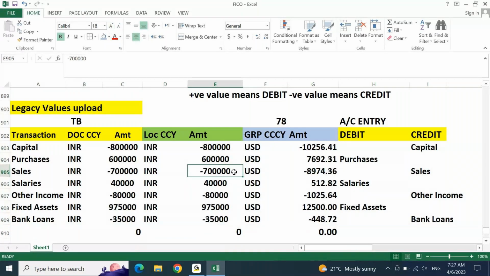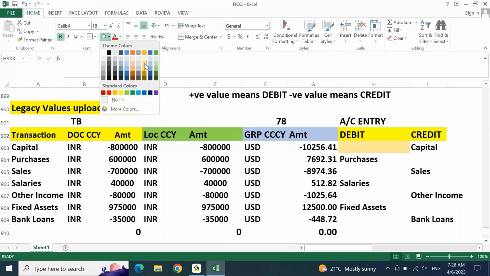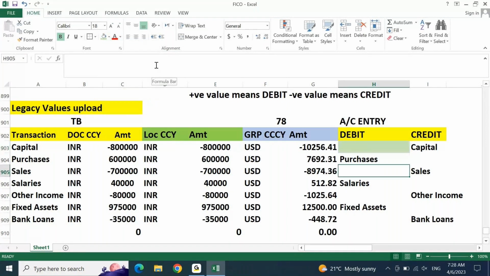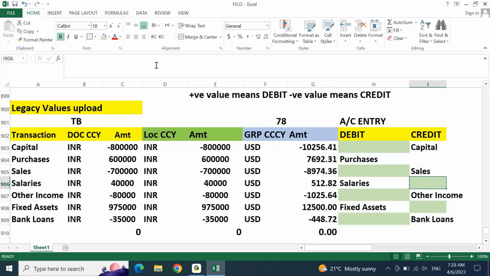Okay. Now, if you look at each of these, everywhere there is a missing figure. Yes, sir. In every line, there is a missing figure. One side is missing. Everywhere there is a missing one.